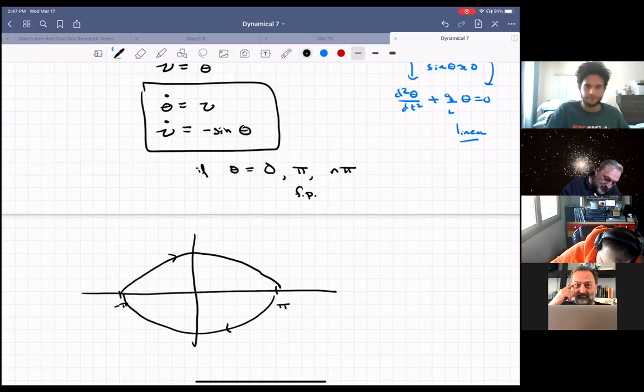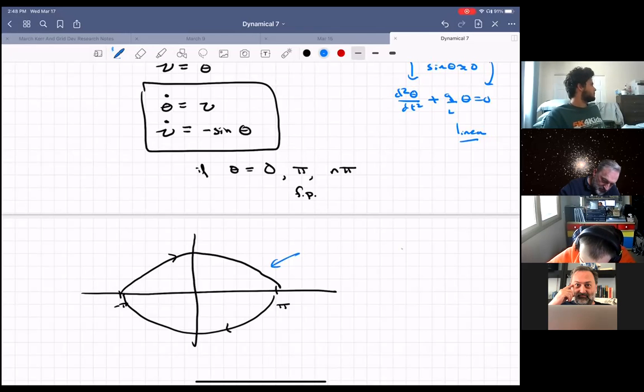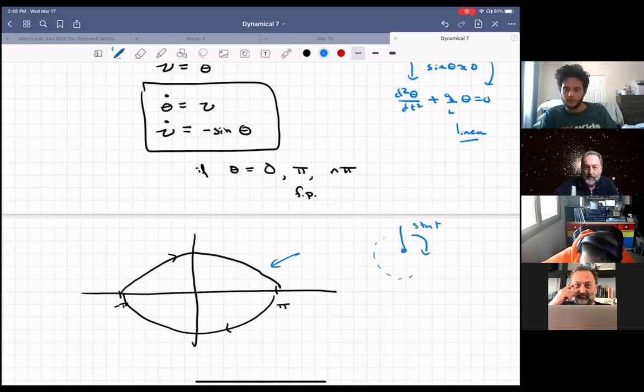And these trajectories correspond to starting here and swinging around one way or swinging around the other way. So those are the trajectories for vertical to vertical swings.